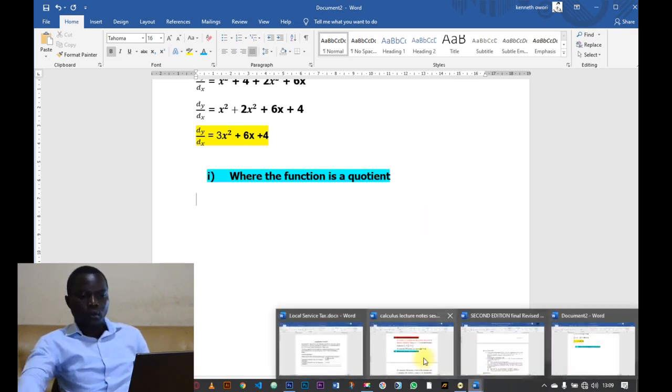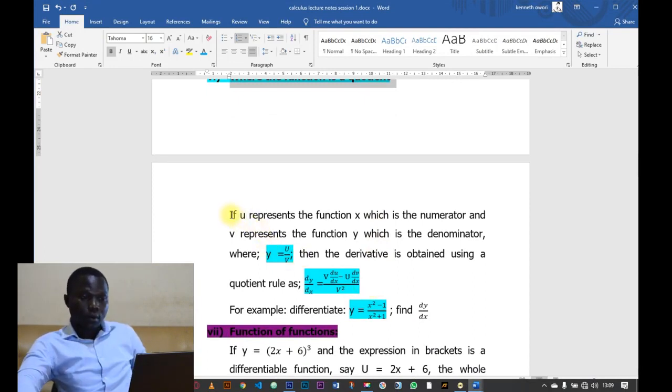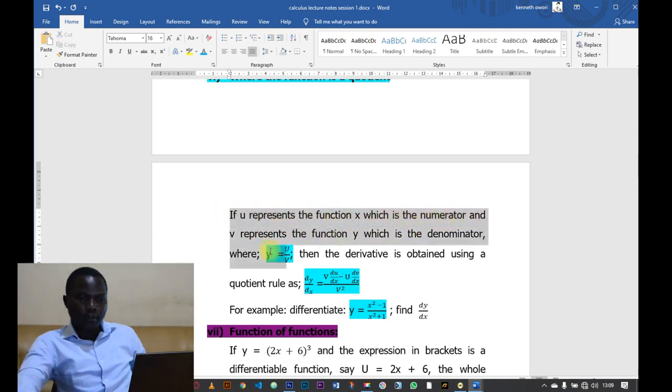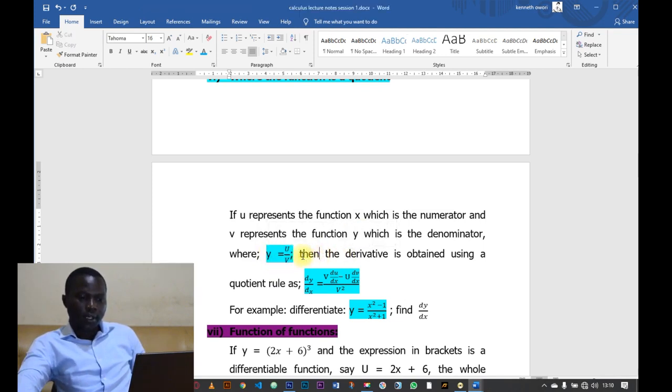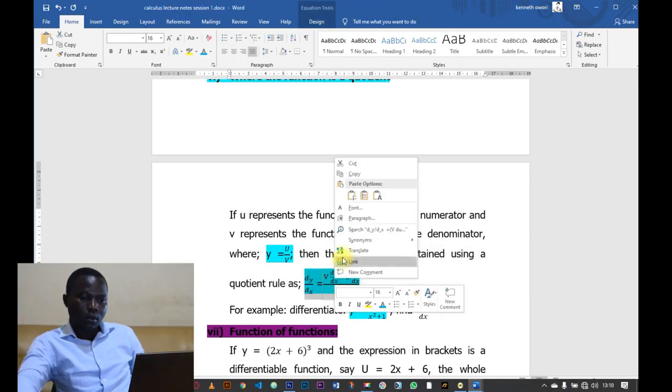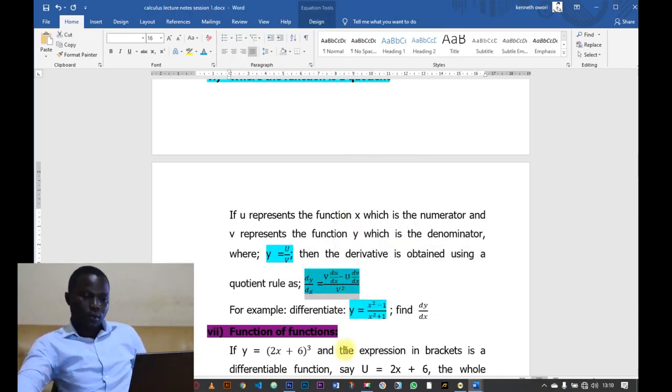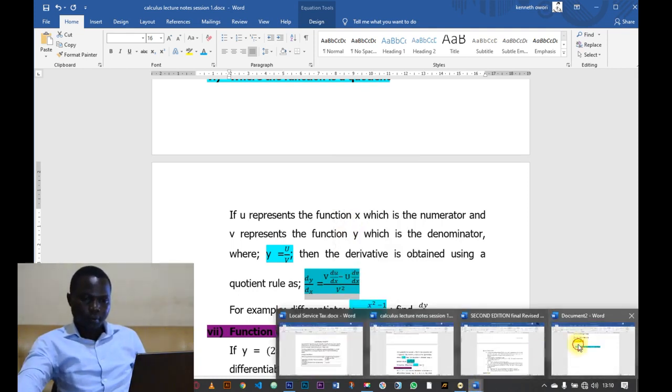So here we are told that if u represents a function of x, which is the numerator, and v represents a function of x, which is the denominator, where y equals u over v, then the derivative is obtained using the quotient rule, which is stated as follows.